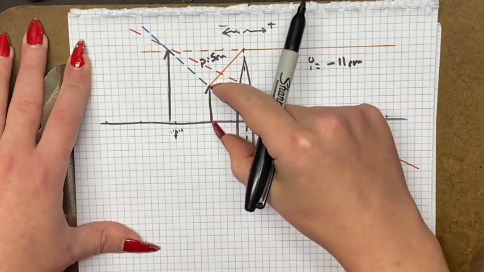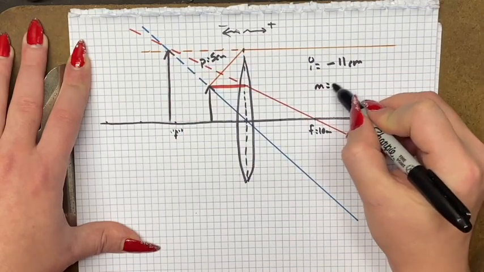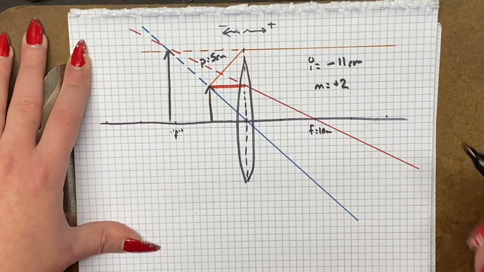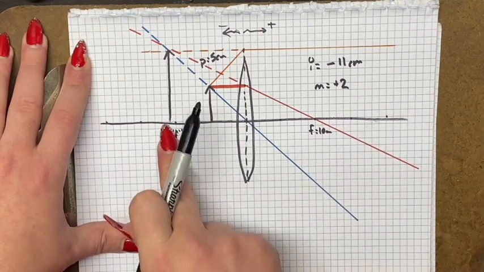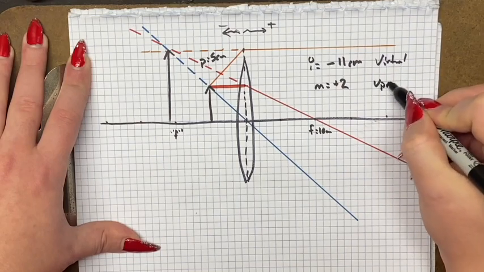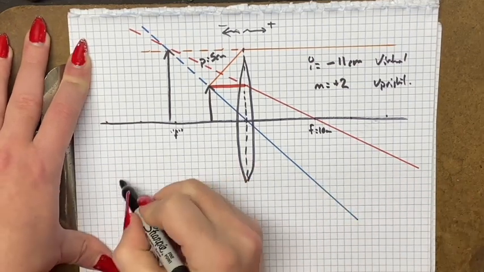Its height is 2. And it's upright, so it's positive. And then it's clearly virtual and it's clearly upright. So virtual, upright. Okay, looks good. Now prove it.